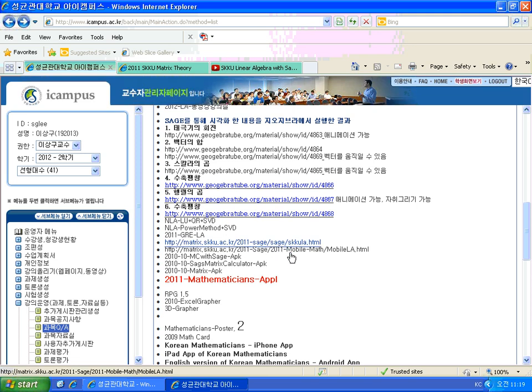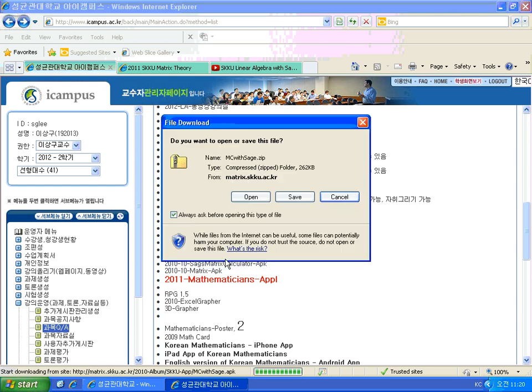Then I have also given you some smartphone applications that you can download. If you go here, you will download this Android smartphone application for solving matrix series.